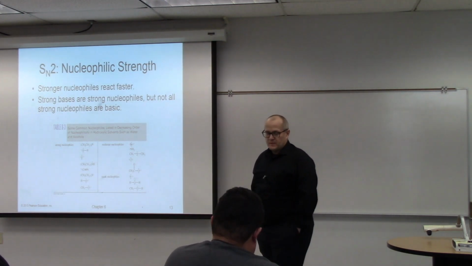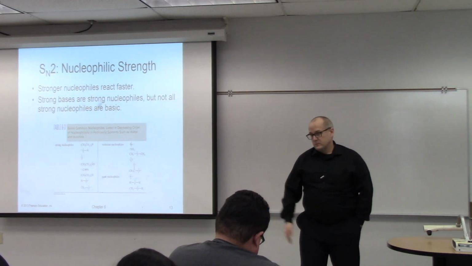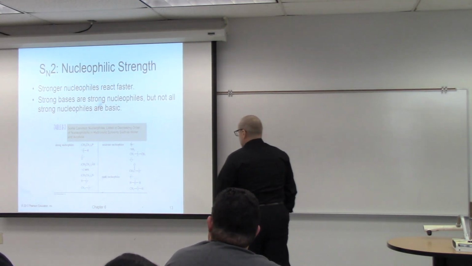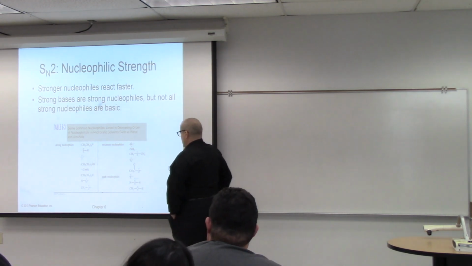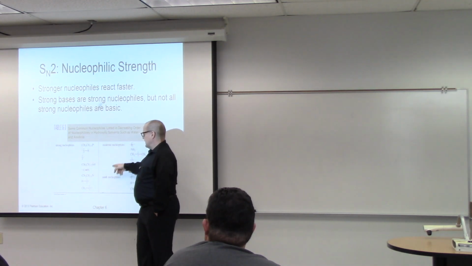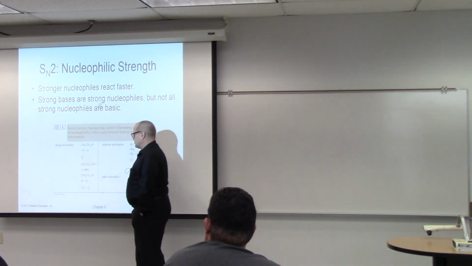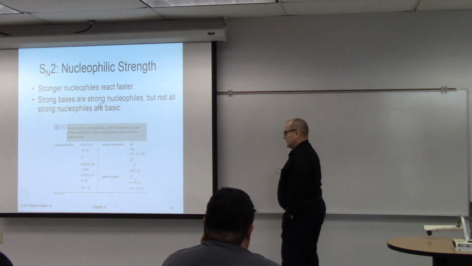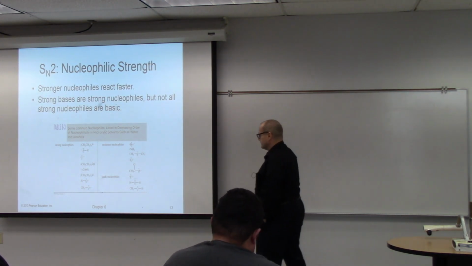Those are strong nucleophiles because they're negative. Okay? Now, you might have noticed chloride, bromide were in the moderate nucleophile list, and iodide is in the strong nucleophile list. That's peculiar. Keep that in mind.